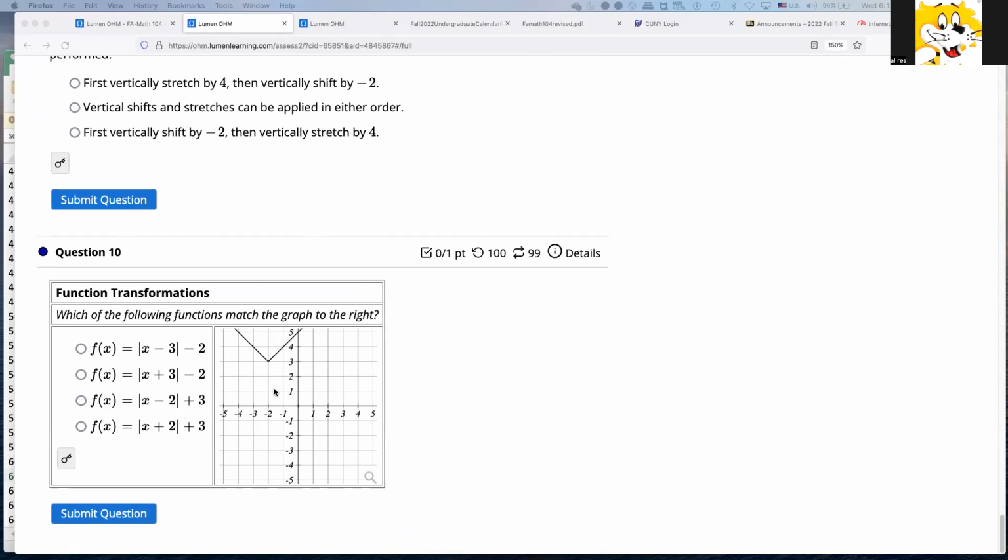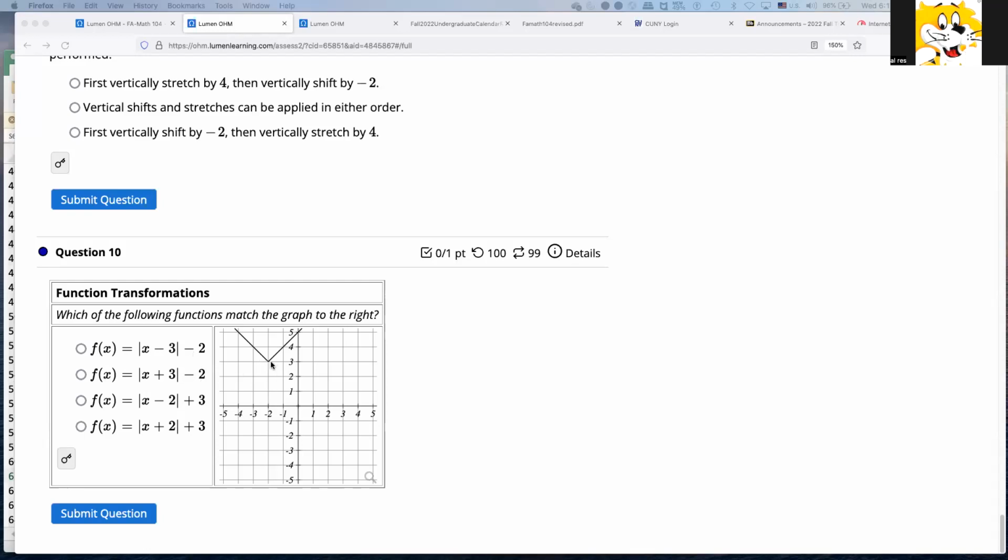But here, they want to know which one of these 4 matches the graph on the right-hand side. So based on this graph, it moved to the left and went up 3 units, so you know by process of elimination that the first 2 answers are wrong because the k value here is -2.